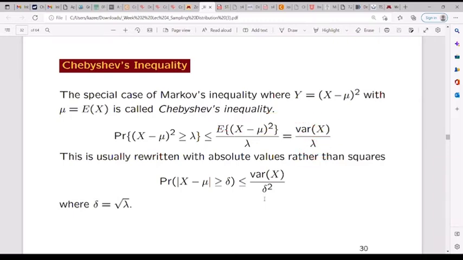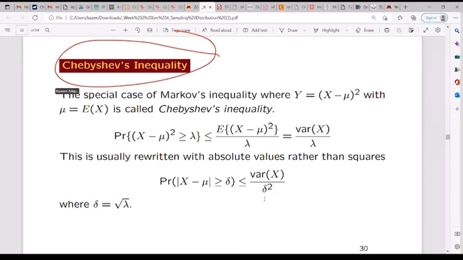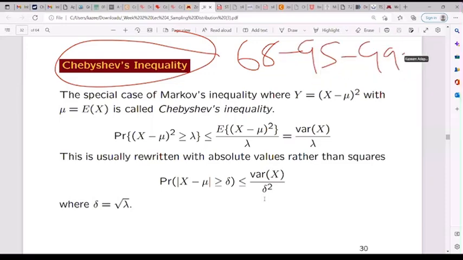The Chebyshev inequality is very similar to the 68, 95, 99.7 empirical rule.